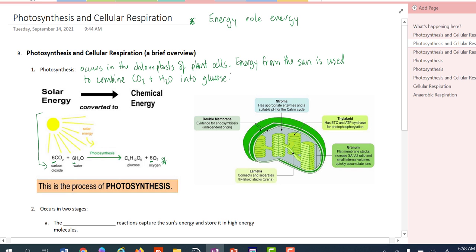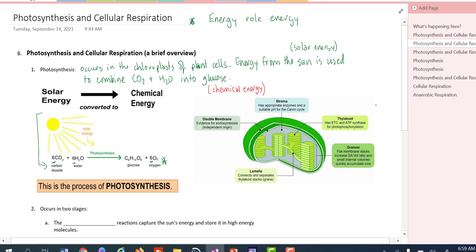And so the reaction itself is a perfect example of energy transformations, right? Here we have solar energy, which is being used to create chemical energy in the form of glucose. And that chemical energy will be used by the cell later on in cellular respiration, which we'll see.